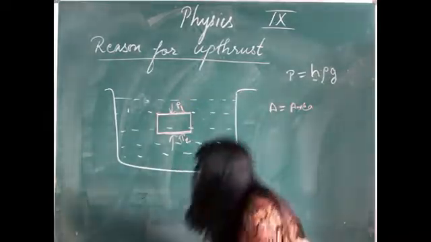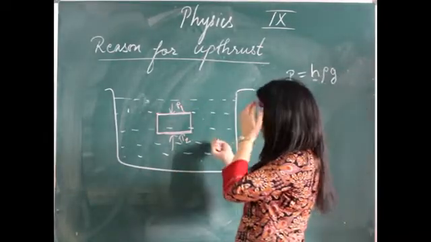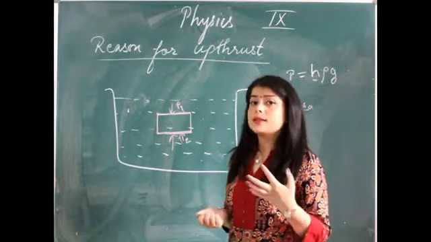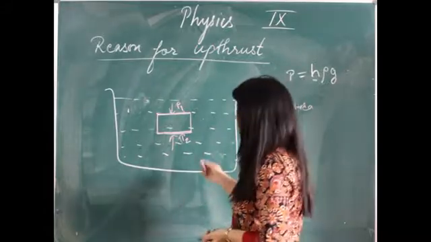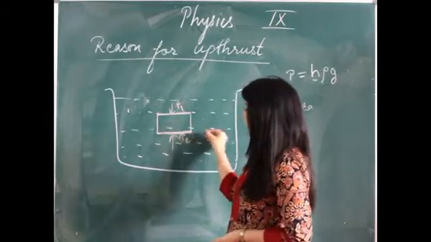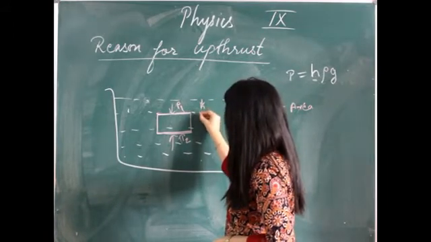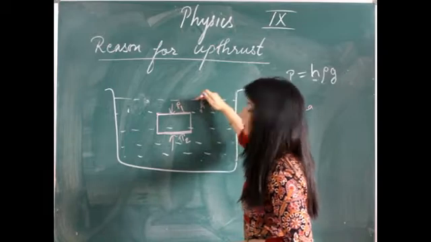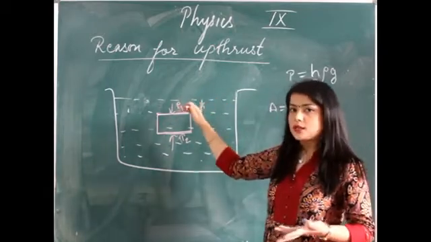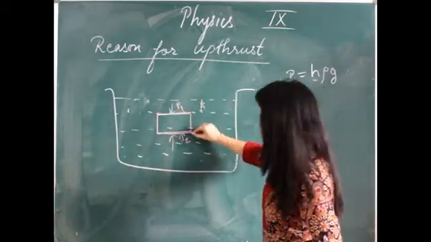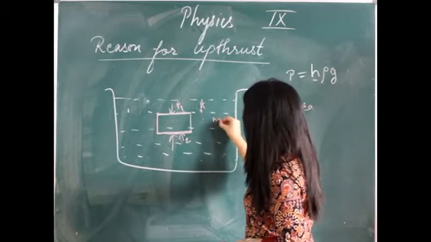Now as I have told you, the pressure of the liquid is different at different points. So at this level, this is at height H1 from the surface. We always measure the height of the liquid from the surface. Now this height is H2.